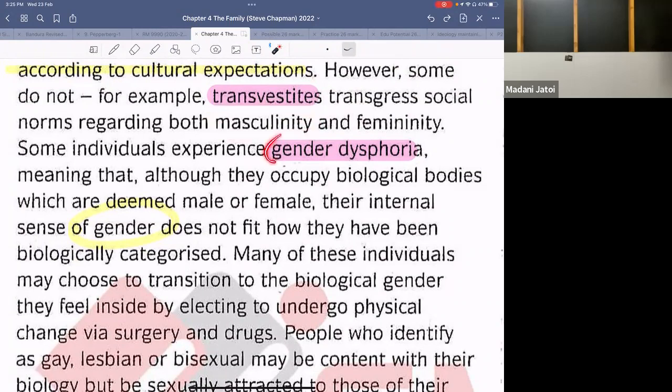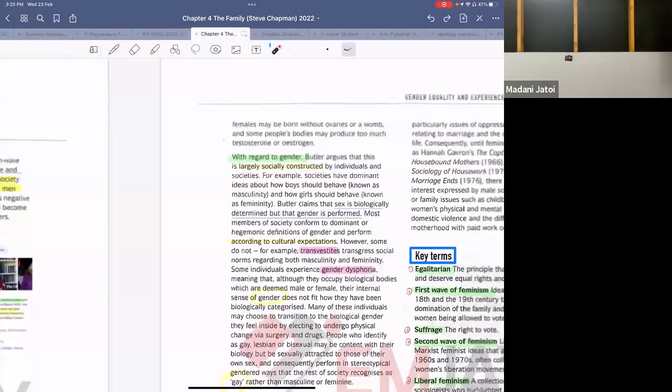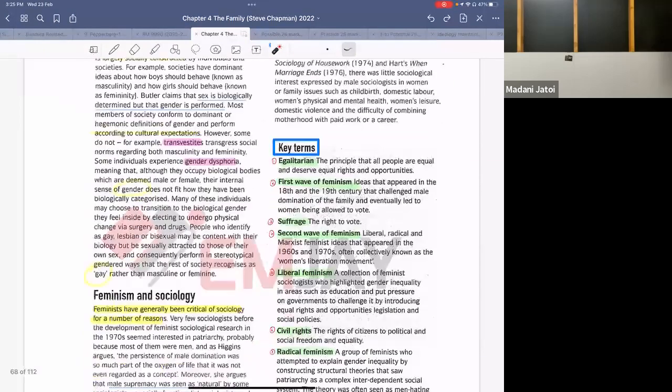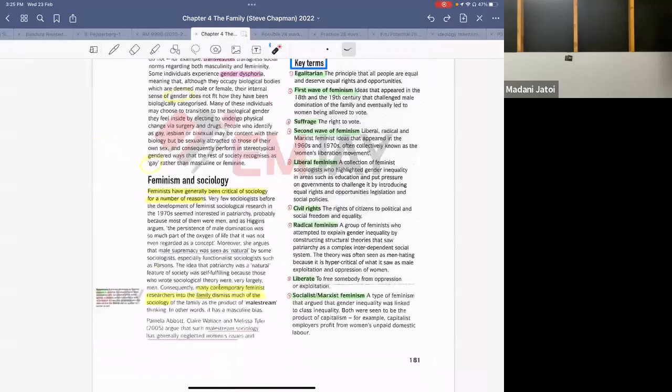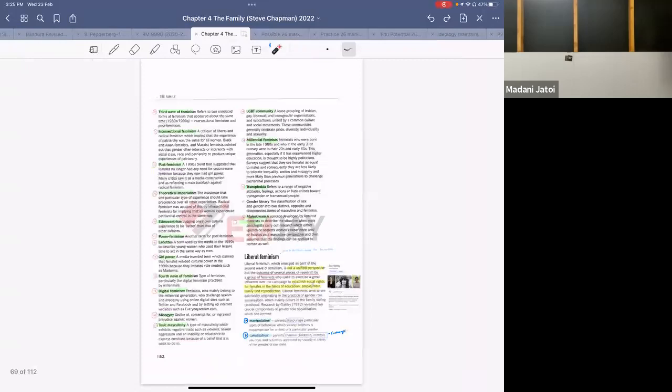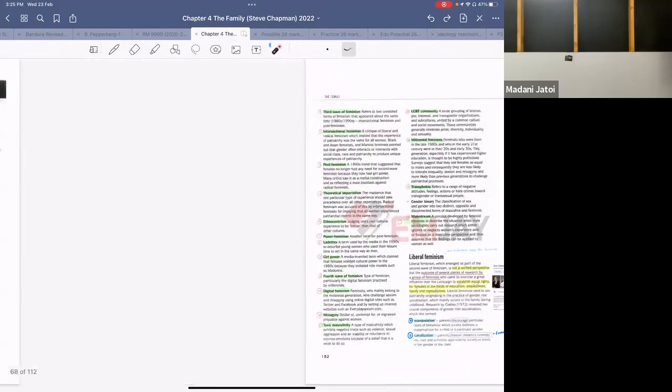Some individuals experience gender dysphoria. Do you know what the term gender dysphoria means? It means that although they are deemed male or female, their internal sense of gender does not fit how they have been biologically categorized. Clear?